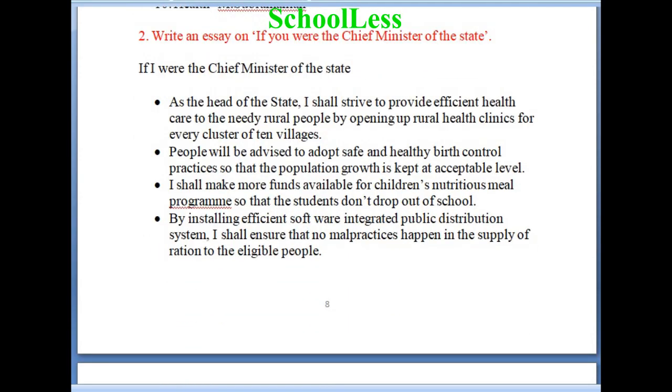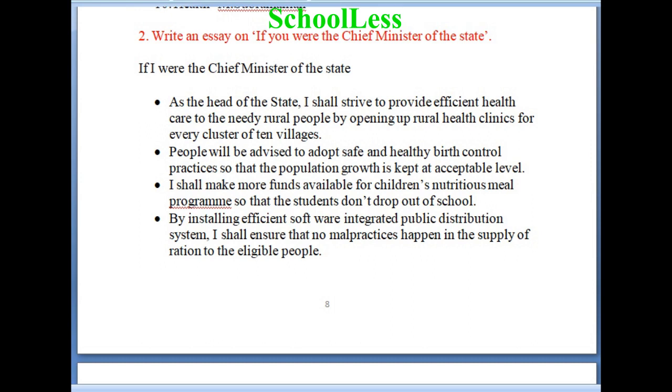Now question 2. Write an essay on if you were the chief minister of the state. Suppose you are made the chief minister of the state, what all would you like to do? If I were the chief minister of the state, as the head of the state, I shall strive to provide efficient health care to the needy rural people by opening up rural health clinics for every cluster of 10 villages.